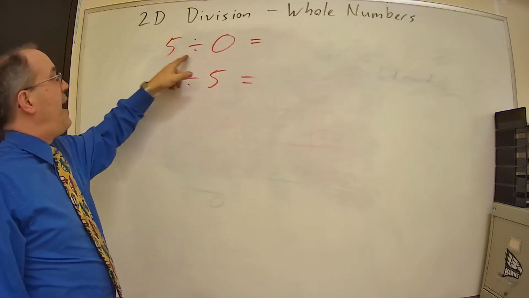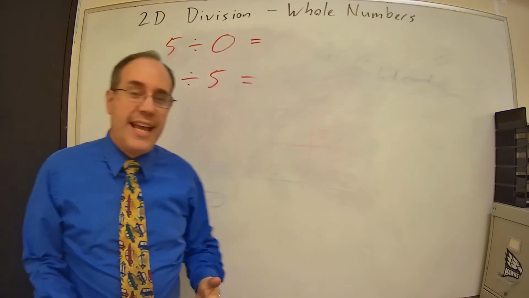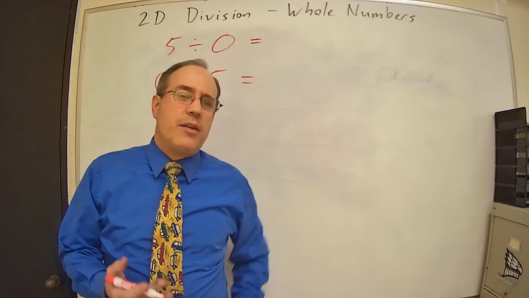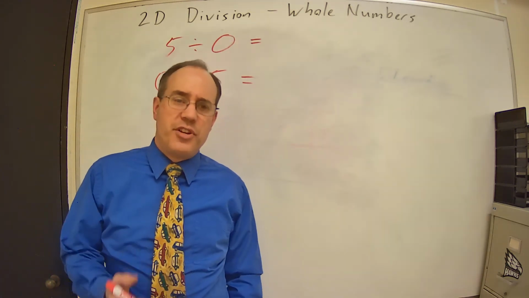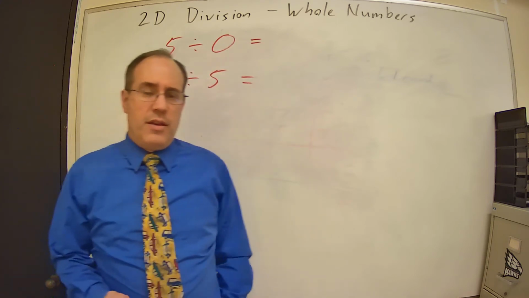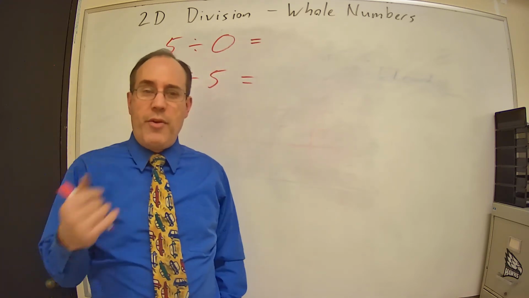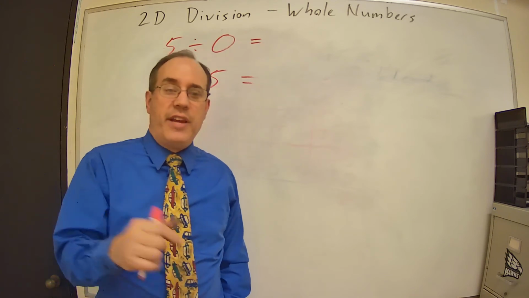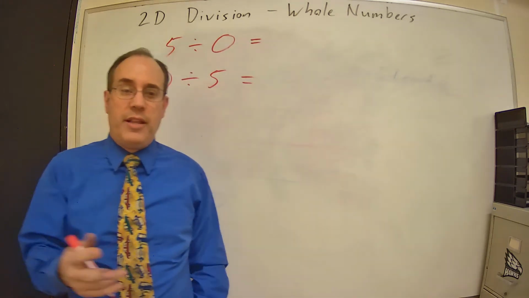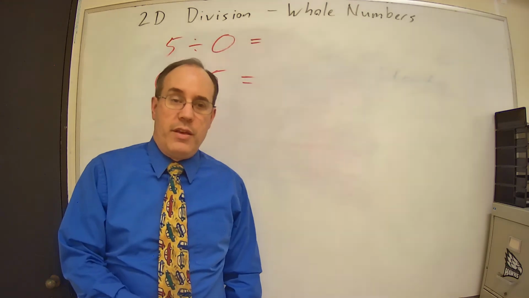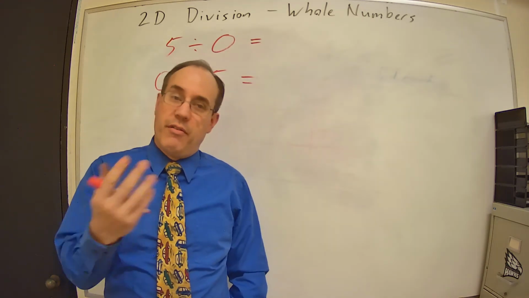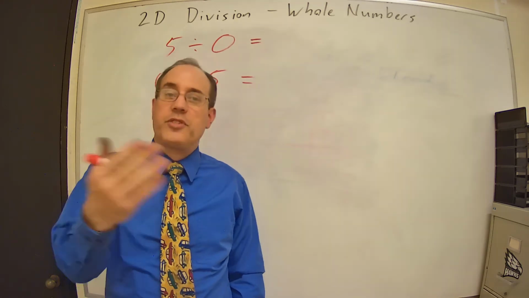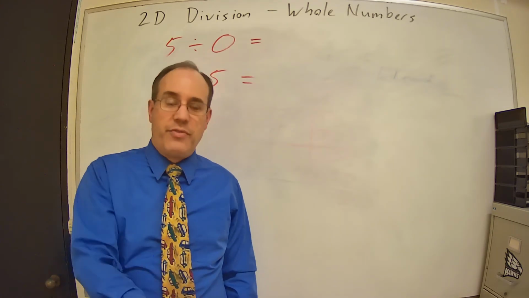If we take 5 and divide it by 0, we're saying how many times does 0 go into 5? Well, let's think about that. Isn't 0 just really taking away repeatedly? So if I have 5 and I take away 0, what am I left with? 5. If I take away another 0, I'm still left with 5, and another 0, still 5.